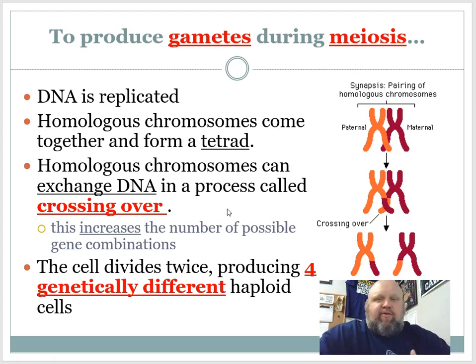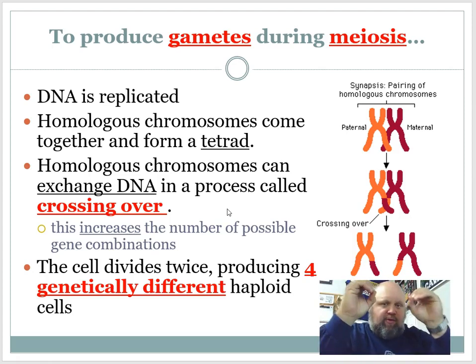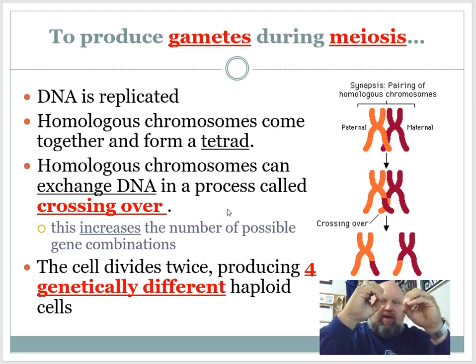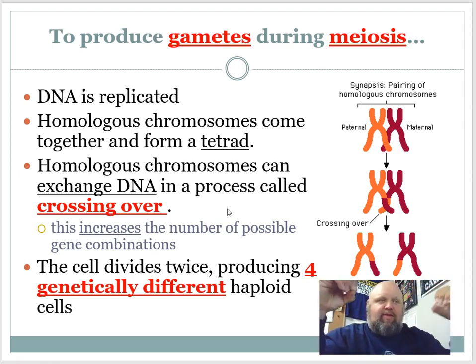Now with mitosis, you only divide that cell once because you want to get two totally exact same 46-chromosome body cells. In meiosis, we divide it once, and then boop, we divide it again. So now we're going to have four cells at the end of this, and every single one of them is going to be different.